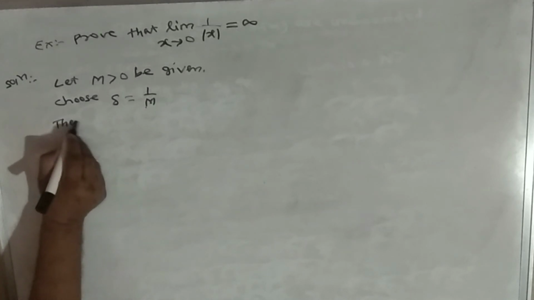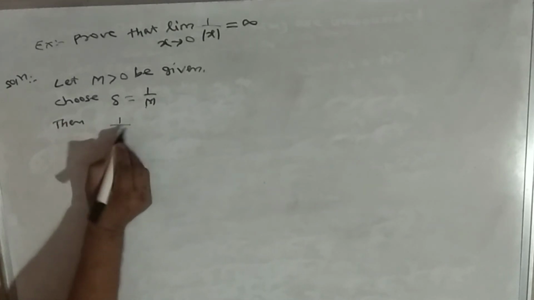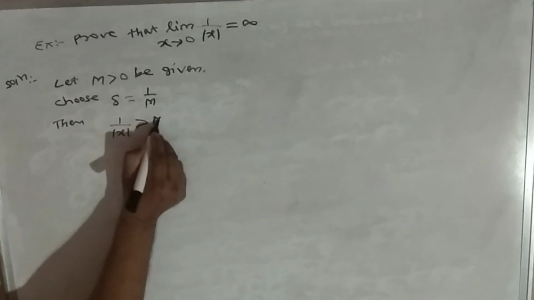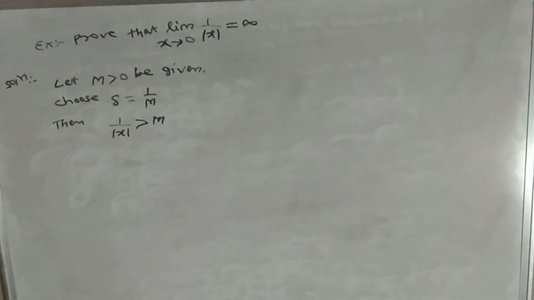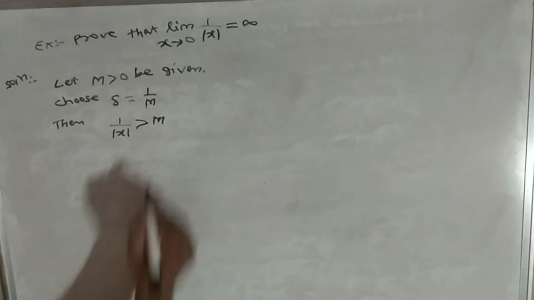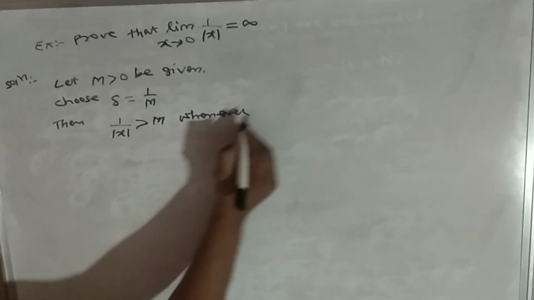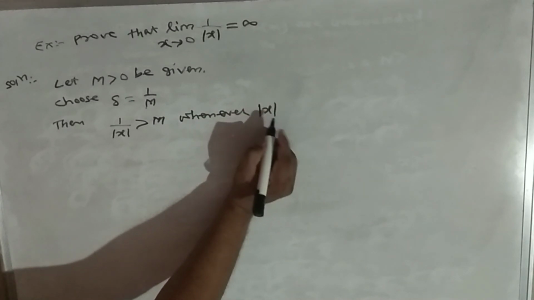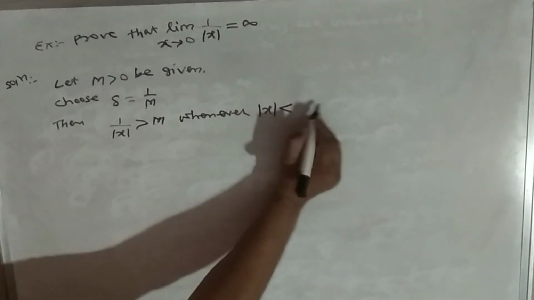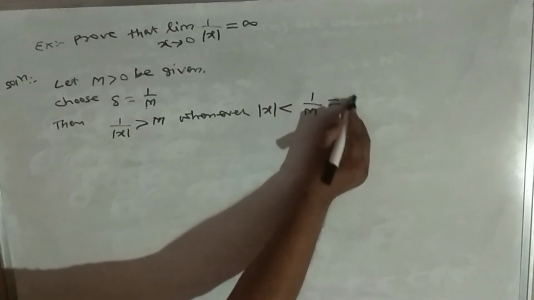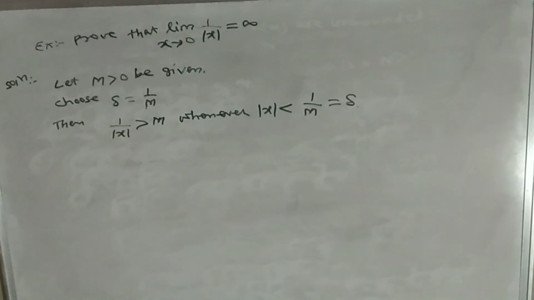Then 1 upon mod x is strictly greater than m whenever mod x is strictly less than 1 upon m, which is equal to delta.